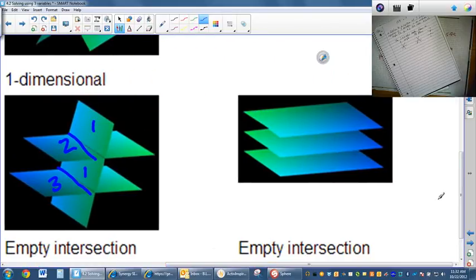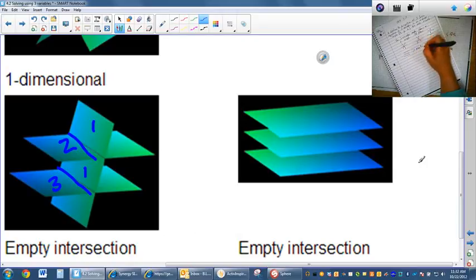Would anyone have a nice word that you would use to describe the relationship between those three planes? They're parallel, right? They never intersect. Just like parallel lines don't intersect, parallel planes do not. Once again, I just wanted to give you a quick visual so you had an idea of what we're going to be doing.